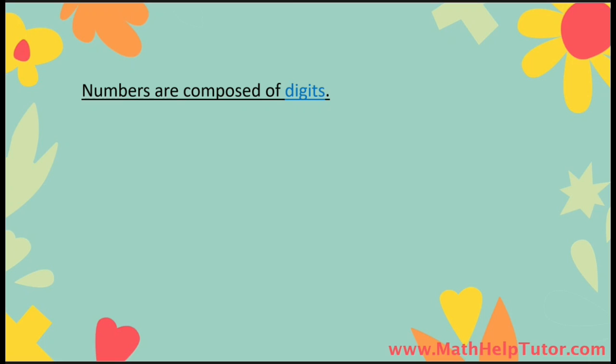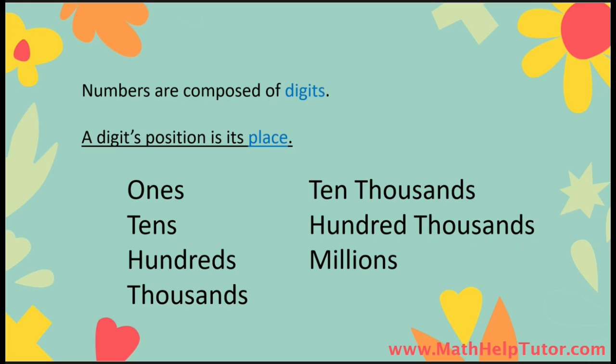So another example is the number 1958. This number is composed of digits 1, 9, 5, and 8. So this number is composed of 4 digits. Again, the digits of a number are arranged in a certain way, and the position of a digit of a number tells us its place.